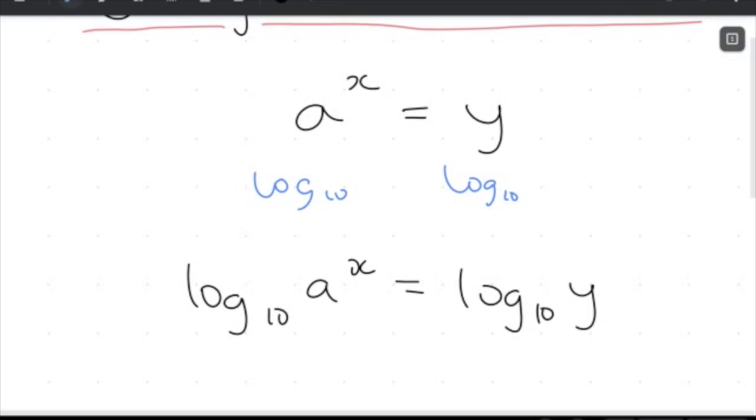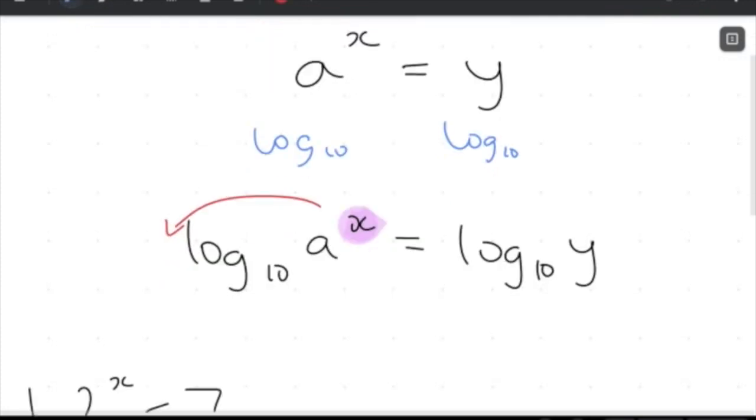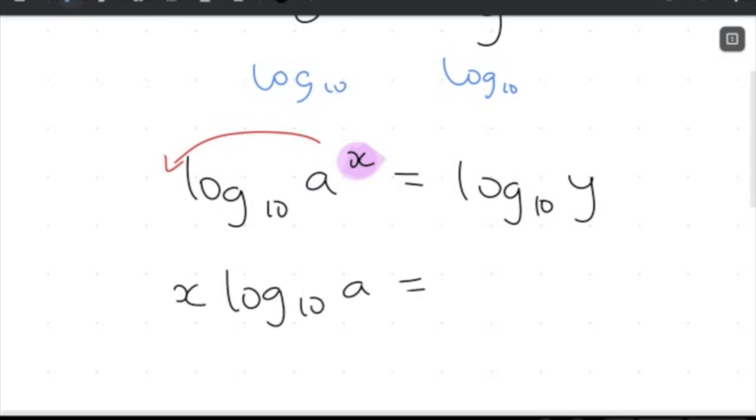Now our log laws tell us that when we have a log to some base of a number with a power, we can take the power down to the front. So that's exactly what we're going to do. Taking that to the front, we get x times log to the base 10 of a equals log to the base 10 of y.